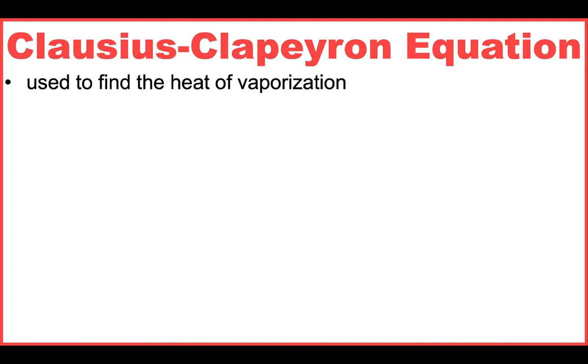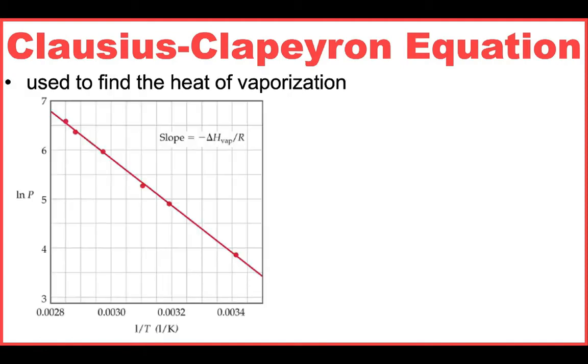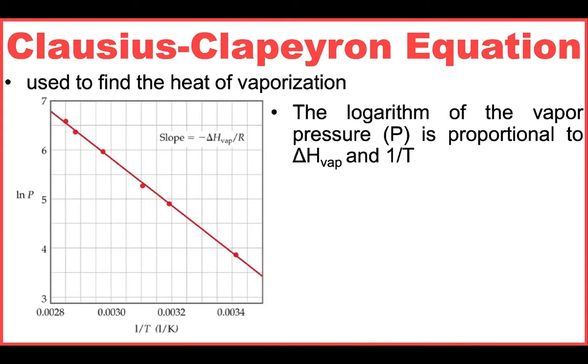Now, I will introduce you to an equation that describes the linear relationship between temperature and vapor pressure, which is the Clausius-Clapeyron equation. I'm not sure how you pronounce it, but it is used to find heat of vaporization. The logarithm of the vapor pressure is proportional to the molar heat of vaporization.